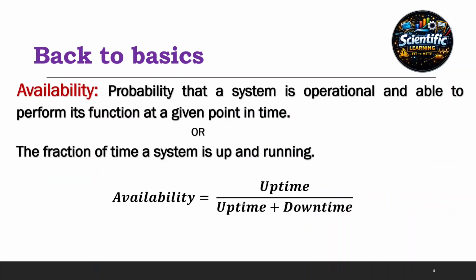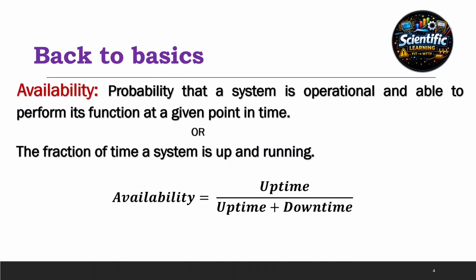Now that we have understood reliability, let's move on to another important concept in reliability engineering, that is availability. What is availability? It is defined as the probability that a system is operational and able to perform its function at a given point in time, or it is also defined as the fraction of time a system is up and running.